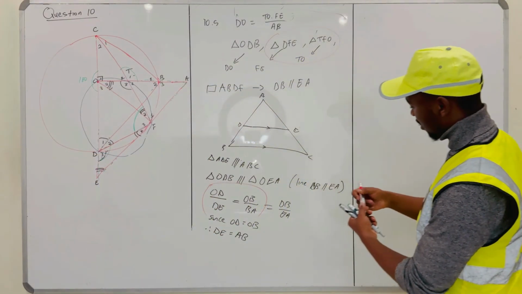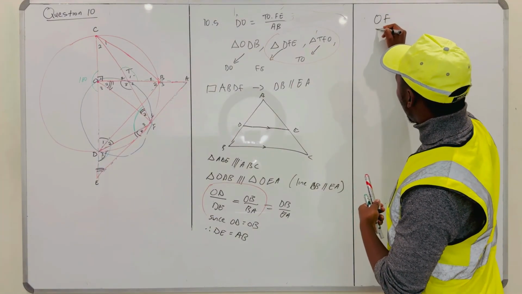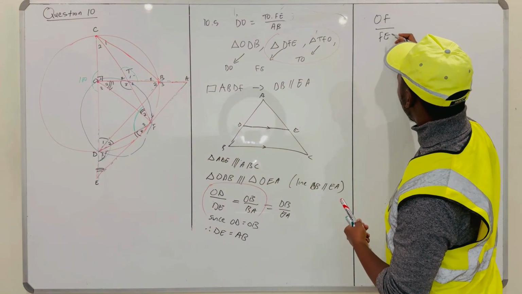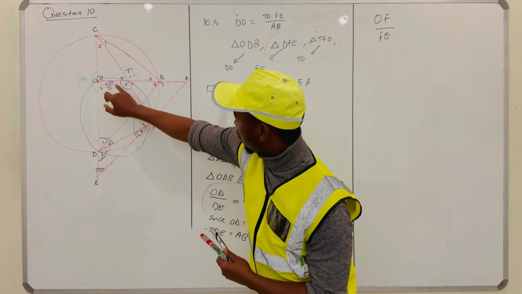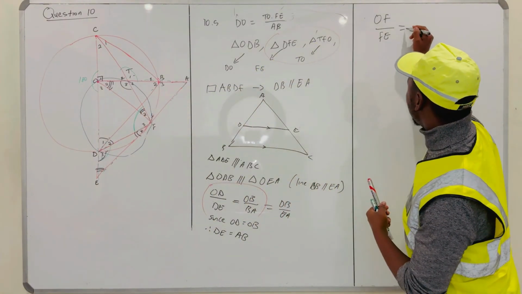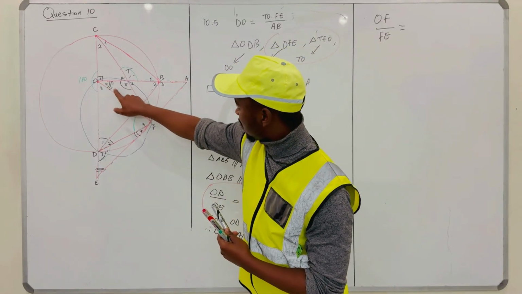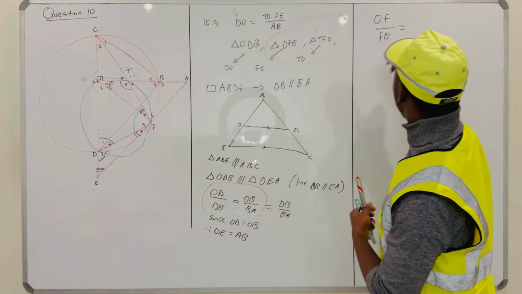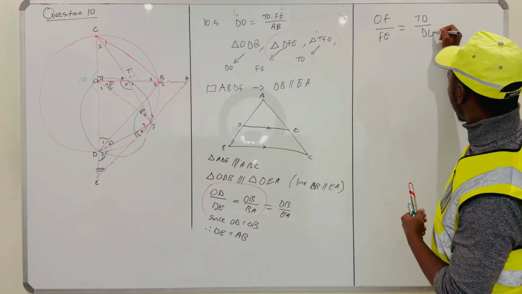So we can say the side OF over the side FE, corresponding sides. These are the angles that are corresponding. We can say that is equal to, we use maybe this side here. See, there's that angle, 3 lines and 1 line. So there's TO and DE.